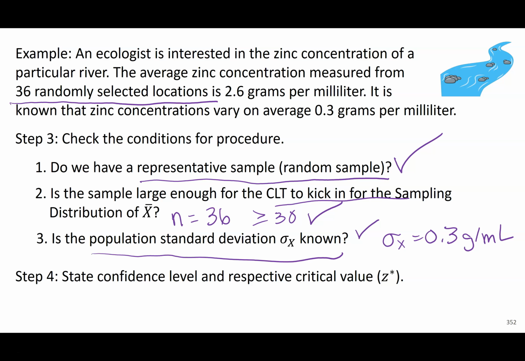So state our confidence level and respective critical value. If we want a 95% confidence interval, that means we're going to use a z star equal to, and this is just from that table. You don't have to do a calculation every time with this. It's just from the table: 1.96.